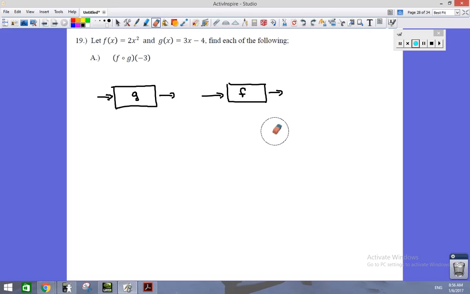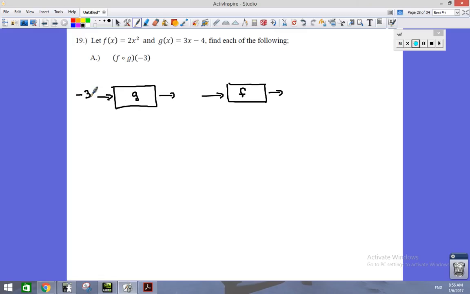Now, just like with our previous work with functions, students like to work with numerical values versus variables, or especially variable expressions. So in part A, it's not too bad of a problem at all. You're inputting -3 into g, and then the output of g is the input for f. Well, what does g do to the input?